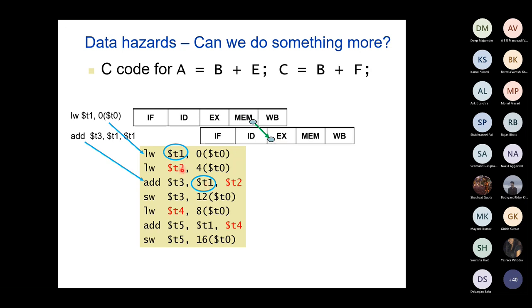But how about this? Can you resolve this? So this is T2 here and T2 here, and similarly you have T4 here and T4 here. But whatever we have studied so far, one stall is inevitable here and another stall is also essential here, right? So how many clock cycles do you need, even in the presence of this forwarding?